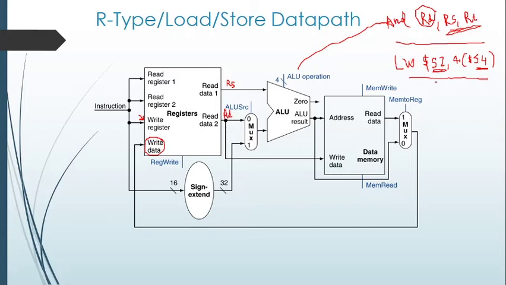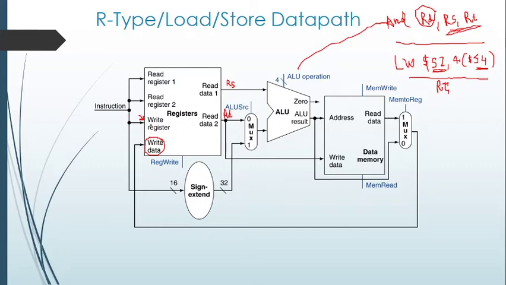Instead, it's RT. So this is your RT, which is used as the destination. One main difference in this data path is that the destination register in an R type instruction was RD, but in this instruction the destination register will be RT.